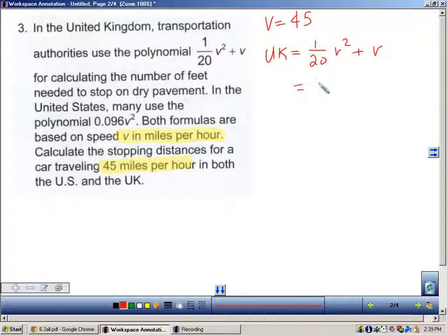So let's substitute. And that's not an R. These are V's. Now working this out mathematically.